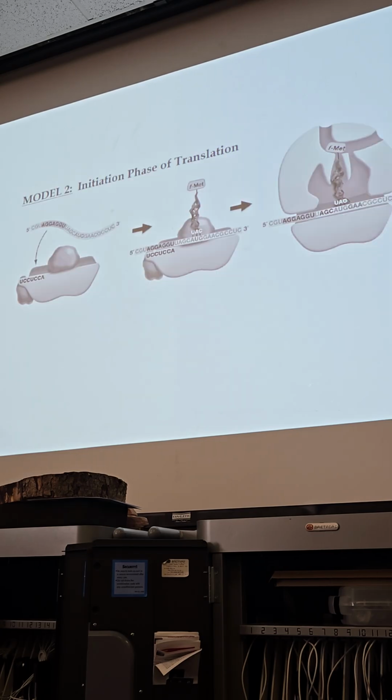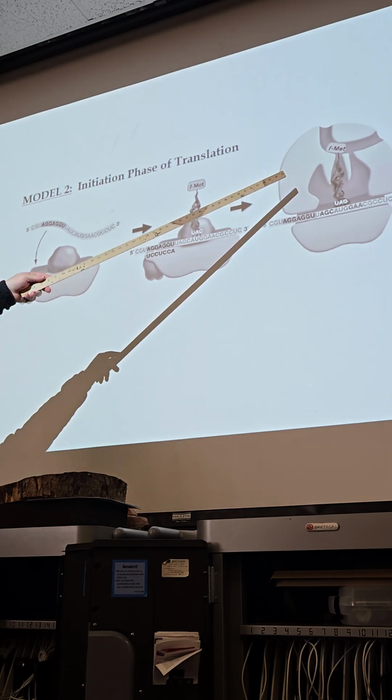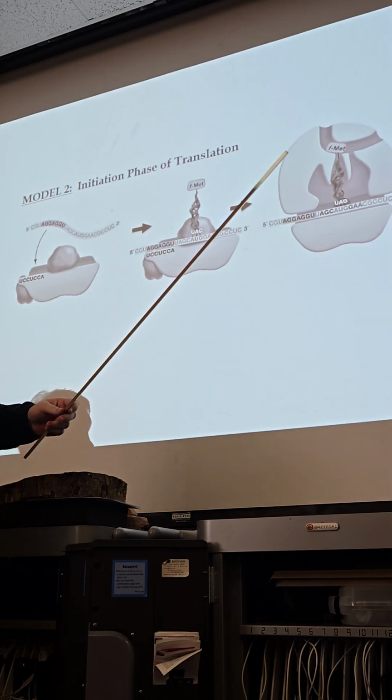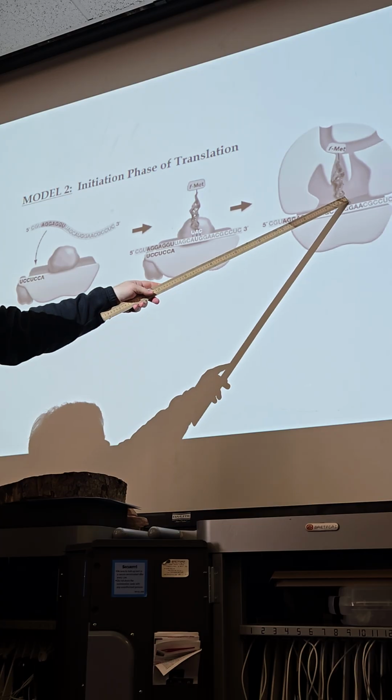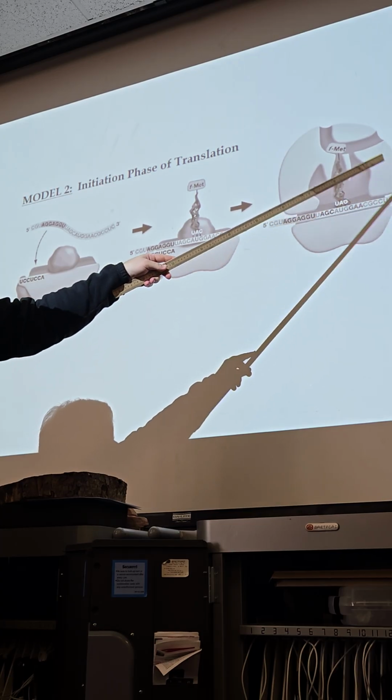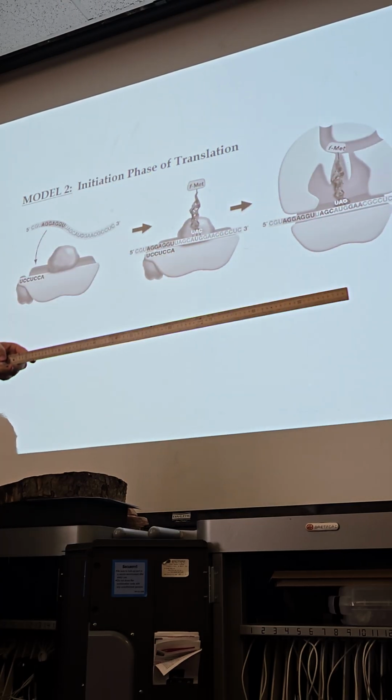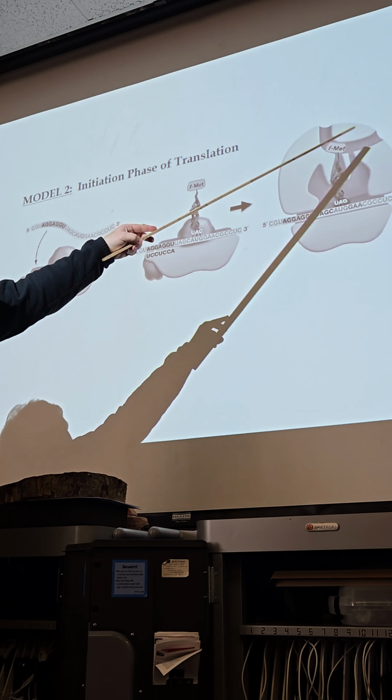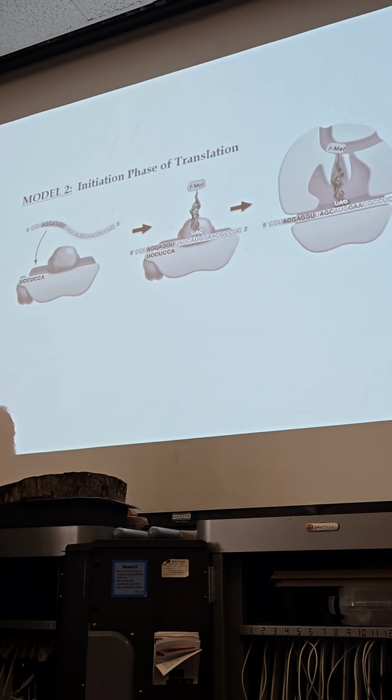Okay, so it'll come in and bind. Once we have met, we're going to set our reading frame. AUG, so the next one is GAA, then so forth, in perpetuity. This is our N terminus, this is our C terminus. Each tRNA is going to come in, bind, and release the amino acid. And we're going to release it and keep going and keep going.